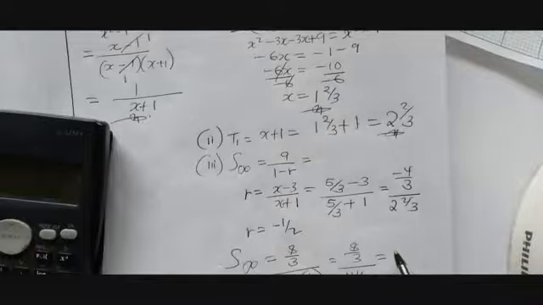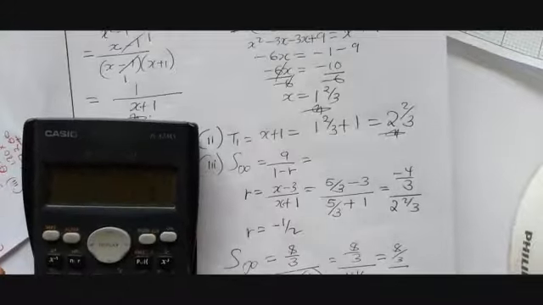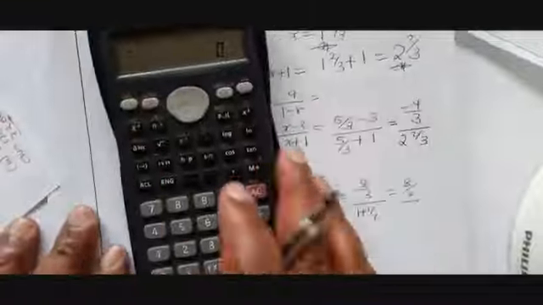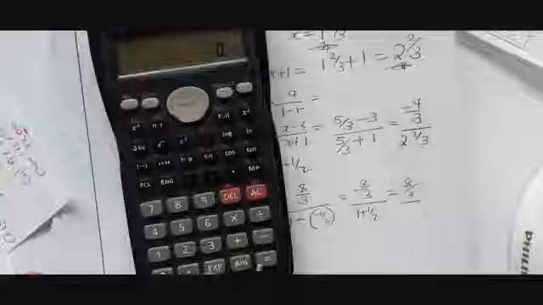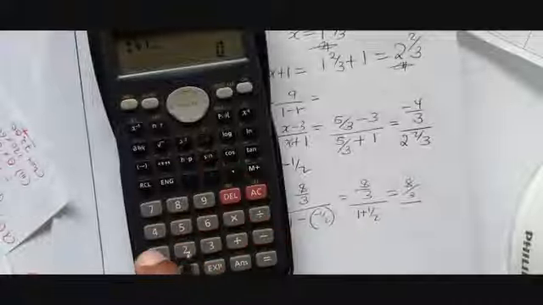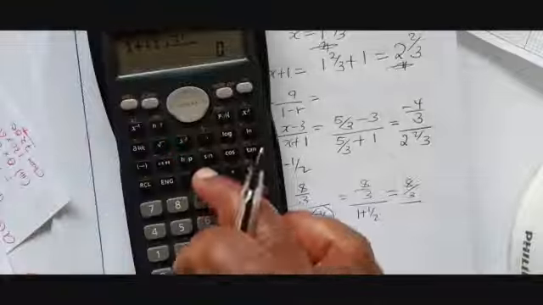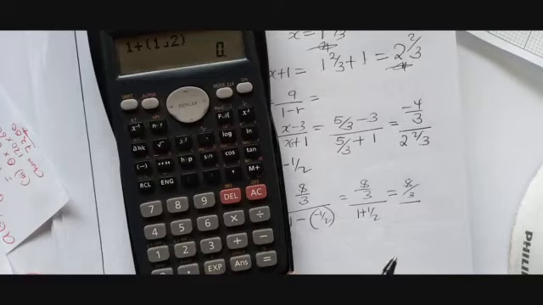Okay? So this is 8 over 3 divided by here. If you want, you can add direct, or you do it manually. You can say 1 plus, open the bracket, 1 divided by 2. Take note, the answer is supposed to be 3 over 2. Okay?